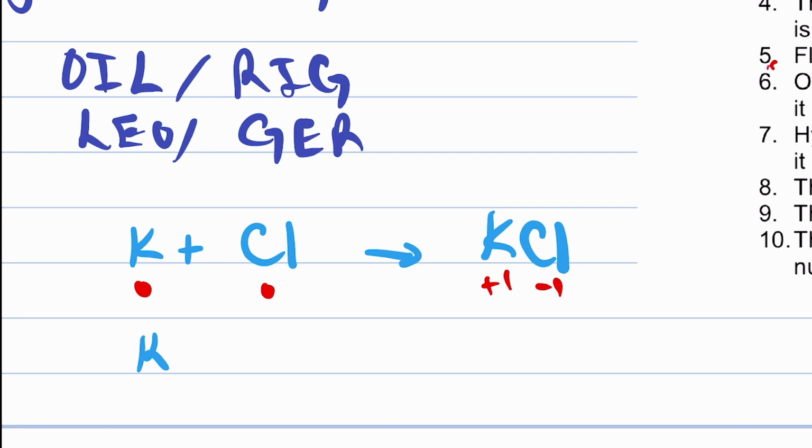We already did the oxidation numbers on the top, but we'll write them down here as well. First off, we're focusing on each of them at a time, and we're seeing that potassium has 0 on the reactant side and then +1 on the product side.